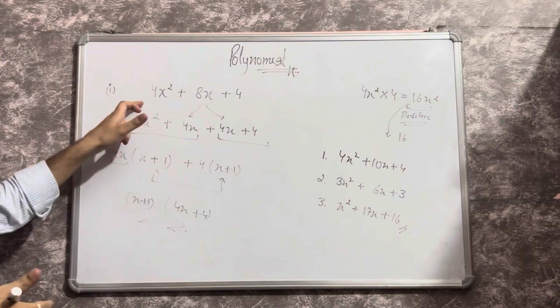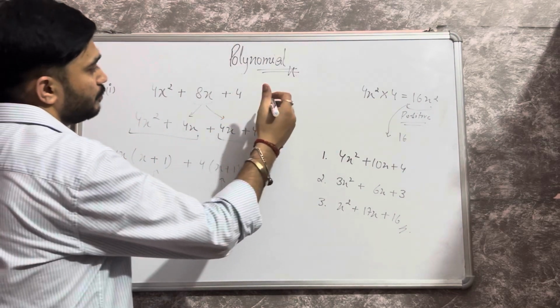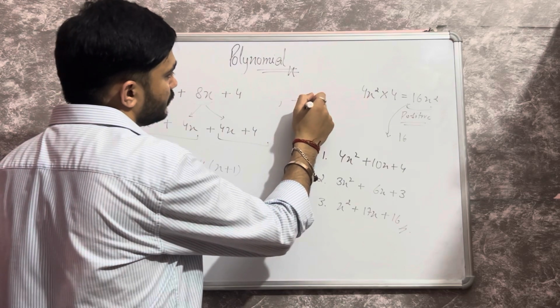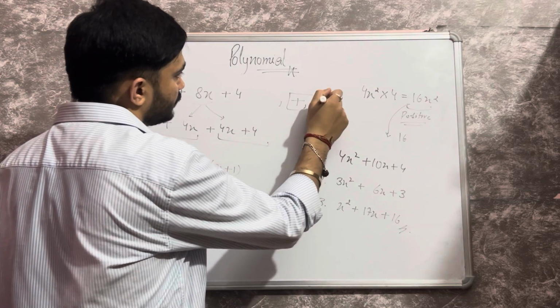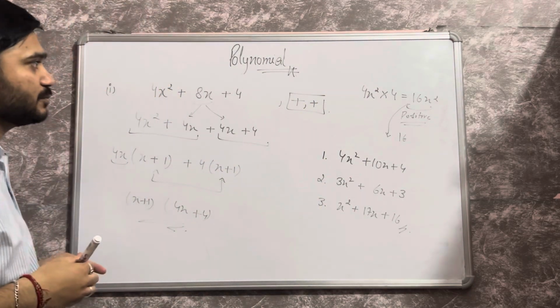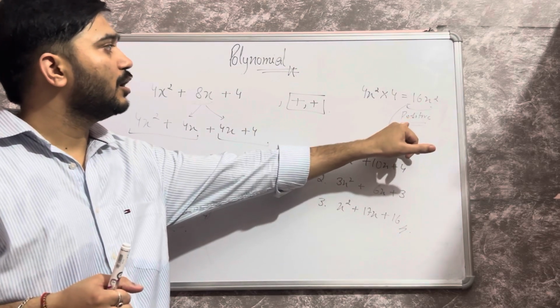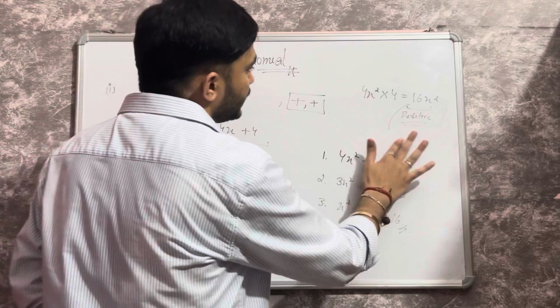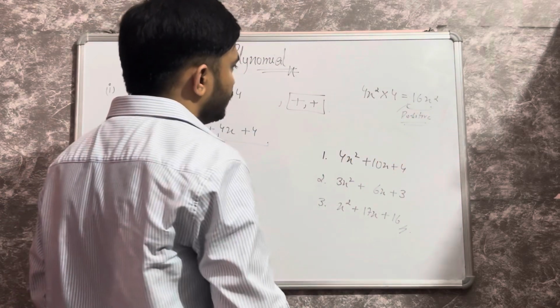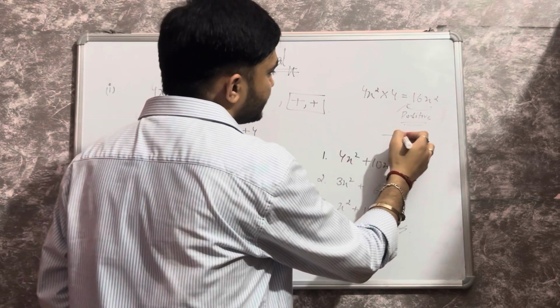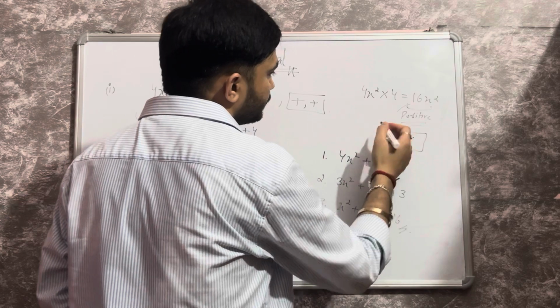Now, this variation is known as plus plus variation. Why is it known as plus plus variation? Because you are having a positive answer here. A positive answer yields us two variations. First is plus plus variation and second is minus minus variation.